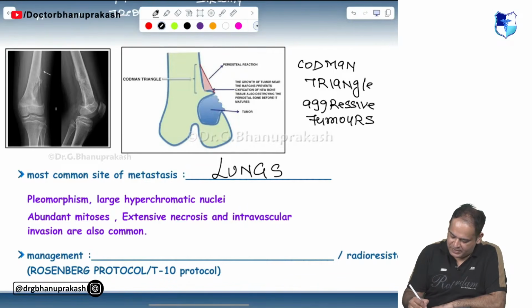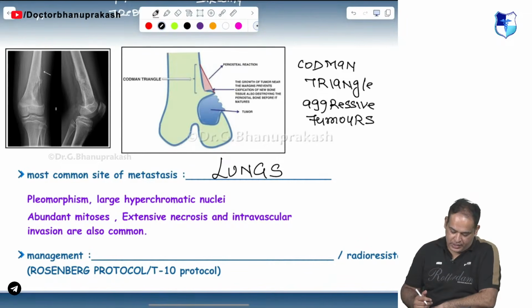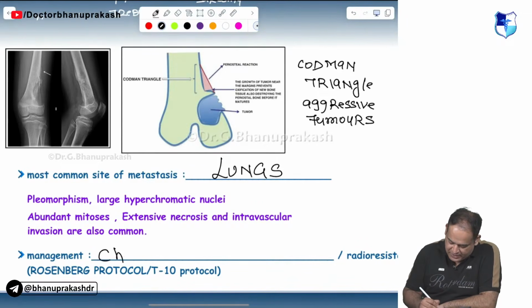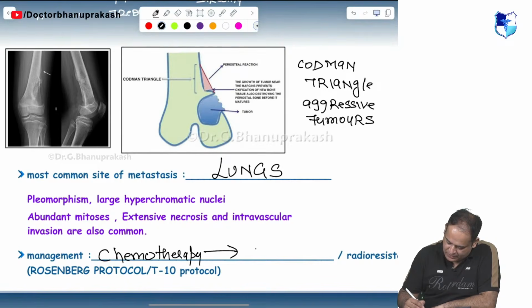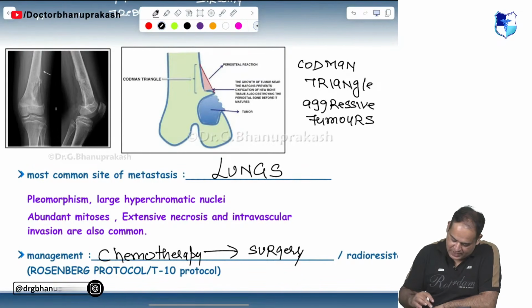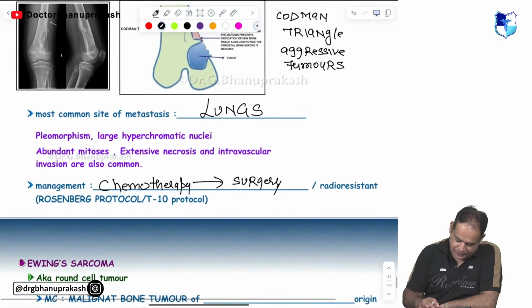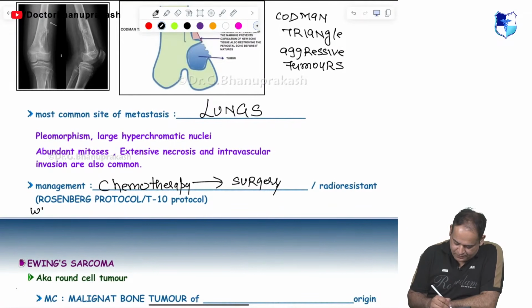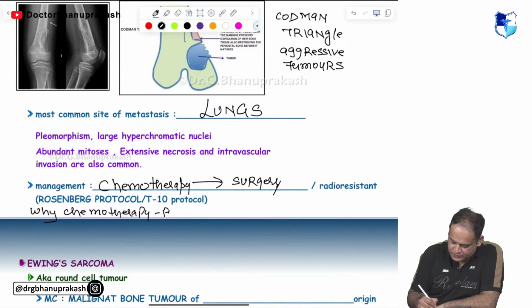Now, it may spread by blood to the lungs. Management is chemotherapy, and after that we will do surgery. Now, why chemotherapy first?